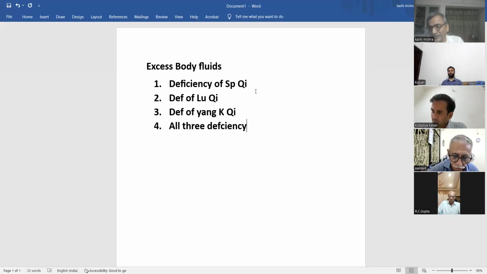Consecutive, right? The creative cycle goes wood, fire, earth, metal, water. So earth, metal, water: for earth, the spleen is responsible, metal is lungs, and water is kidney. So look at the place of accumulation of fluid, look at the place of swelling and decide.